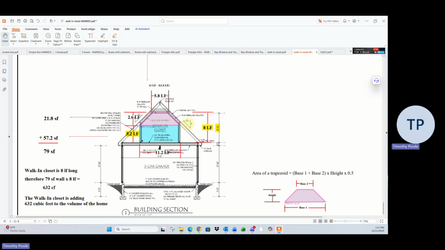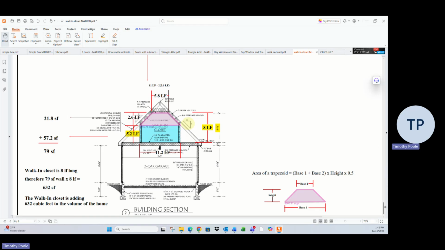The rectangular portion of the wall is 5.2 linear feet tall, as we saw above, and it's still 11.2 linear feet wide. Multiplied, that gives us 57.2 square feet. Added together, this trapezoid plus this rectangle equals 79 square feet. The profile of this walk-in closet is 79 square feet.